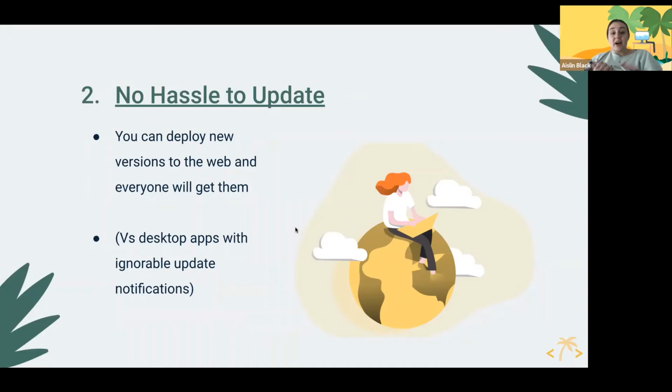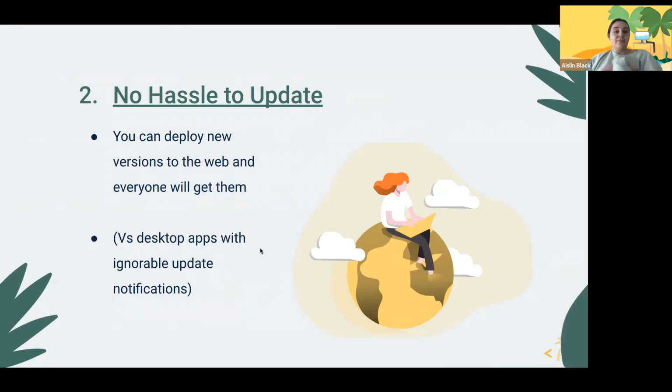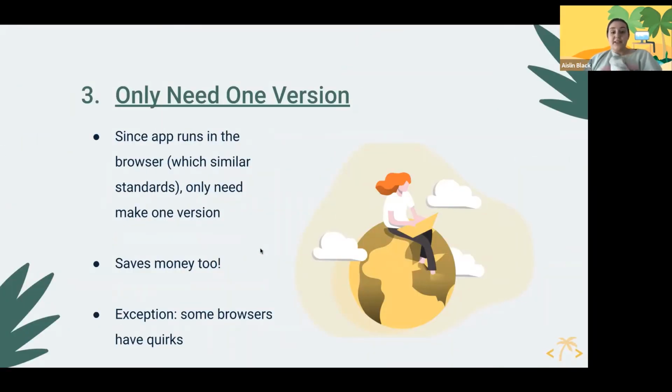It's no hassle to update. Again, you don't have to go into a person's computer and update it and be like, here is my new release. You can just be like, this is the website. You can keep going to it, again, versus desktop apps. And you only need one version, right? Because we don't have to deal with the fact that there are different kinds of computers. I have a Mac and someone else might have a Windows, and they may work in completely separate ways.